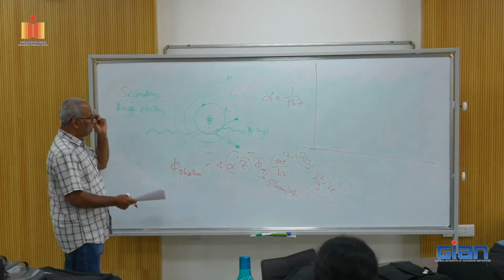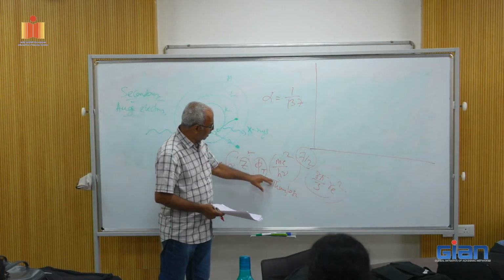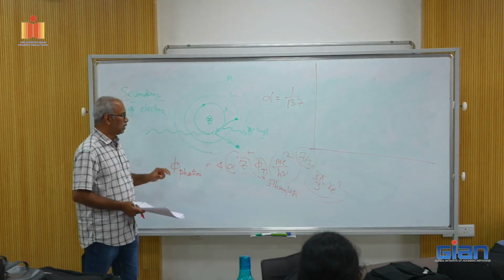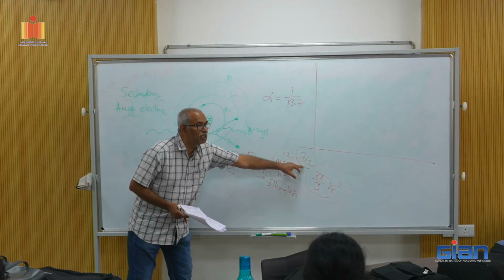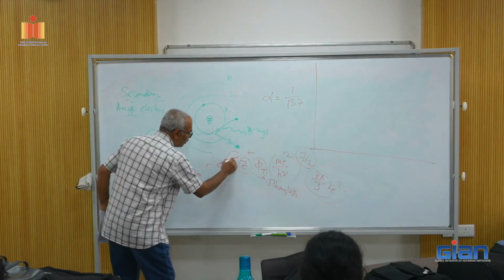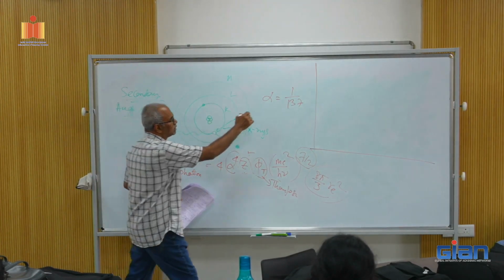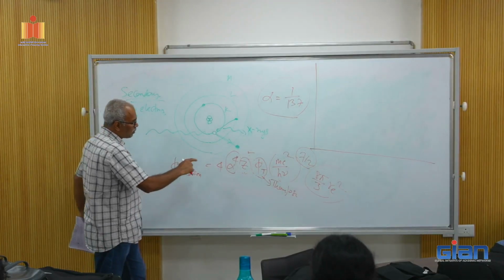So if you consider a high Z material, then the cross section will be huge here. But remember, there is one factor which is energy to the power 7 by 2. These are the two striking factors. Alpha is a constant, so we are not bothered because that will be common in all processes.